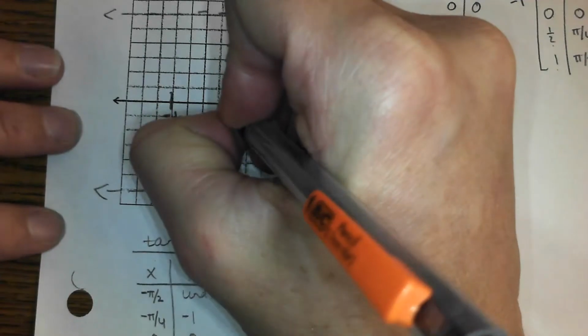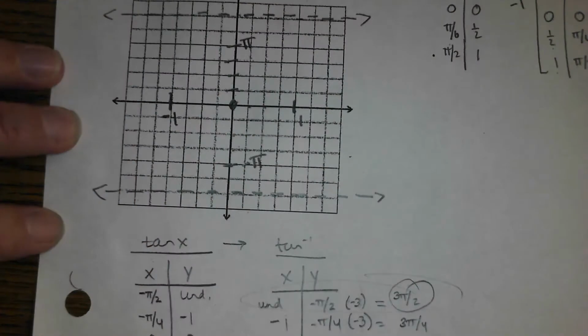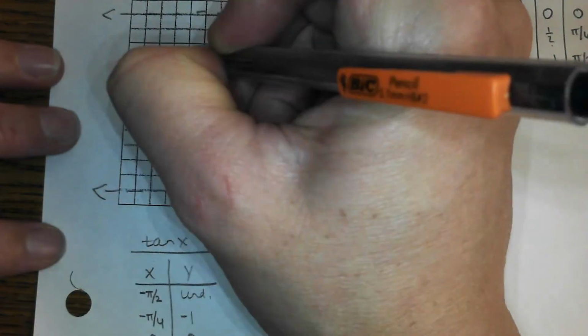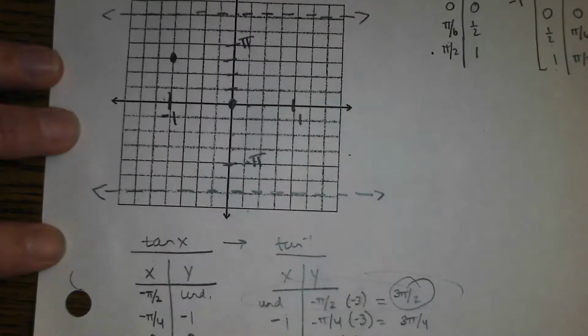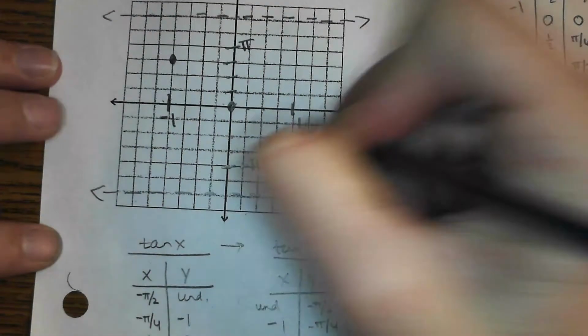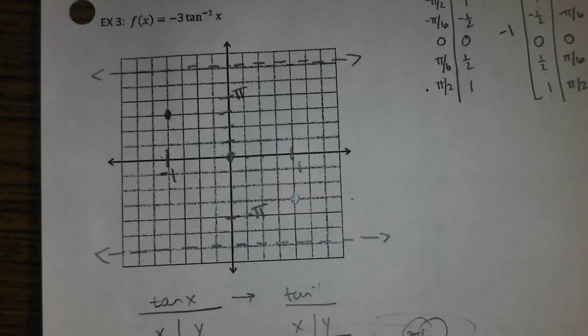And then put my other points in between. So I've got 0, 0, negative 1 and 3 pi over 4, positive 1 and negative 3 pi over 4. So this one's a little bit trickier in the sense that if you just connect those 3 points, they're going to connect linearly.